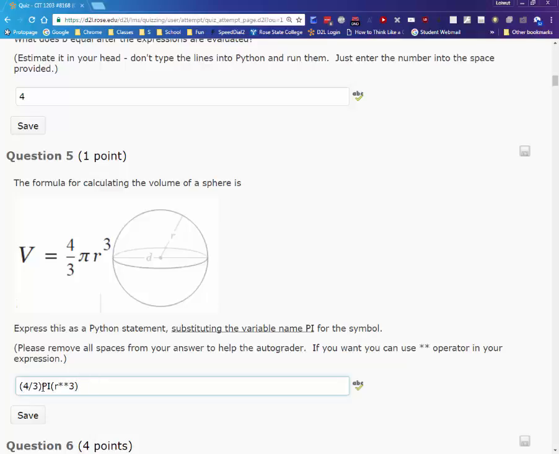We have to actually explicitly call out the multiplications. So this is just remembering that 2 stars means to the power of. We could have also done r times r times r. And since the expression wants it to be stored in a variable so that we can print it out later or something, there we go. That would be the correct answer. Are these parentheses necessary? No, not really. We could remove all of those.